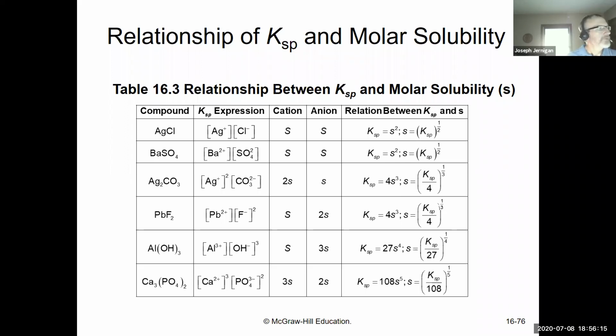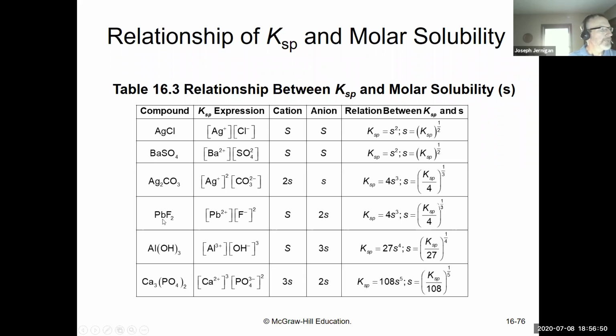For silver chloride, you put S in as the concentration of silver and S as the concentration of chloride, because if you just start out with silver chloride, you're going to produce a chloride for every silver ion you produce, right? So S is perfectly fine to put in that equation, and you put that into your KSP equation, and you find that KSP is equal to S squared, or S is equal to the square root of KSP, and so forth and so on.